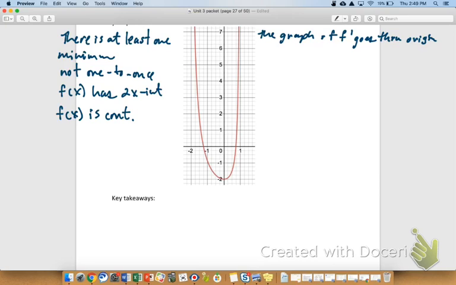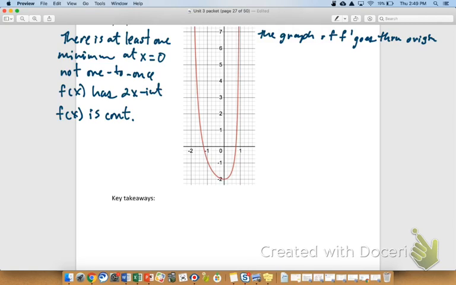So take us a little further. Why would you say that? Well, because the minimum is at x equals 0, and then on the left of that, the slope is negative, so it starts in the negative direction and then it goes up to the positive.